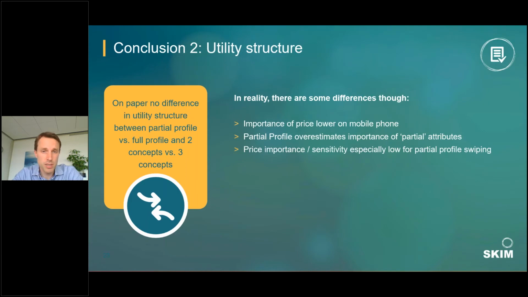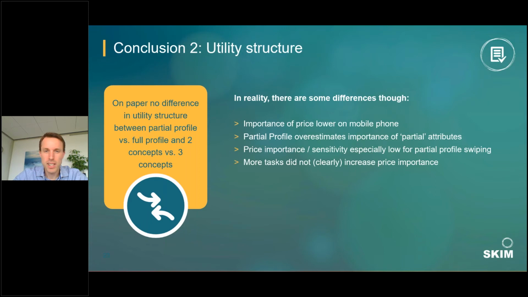So then we had the price importance and sensitivity. Those were especially low for the partial profile swiping. So that combined, those two were actually giving the partial profile not really a good score.